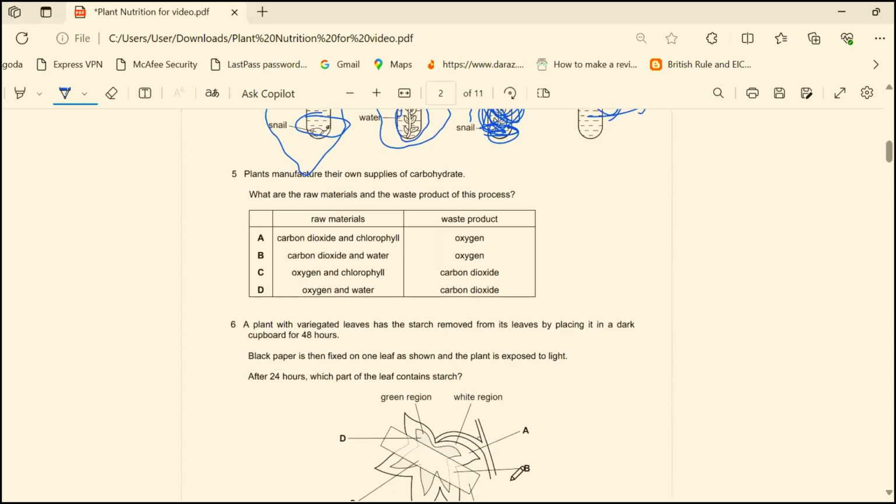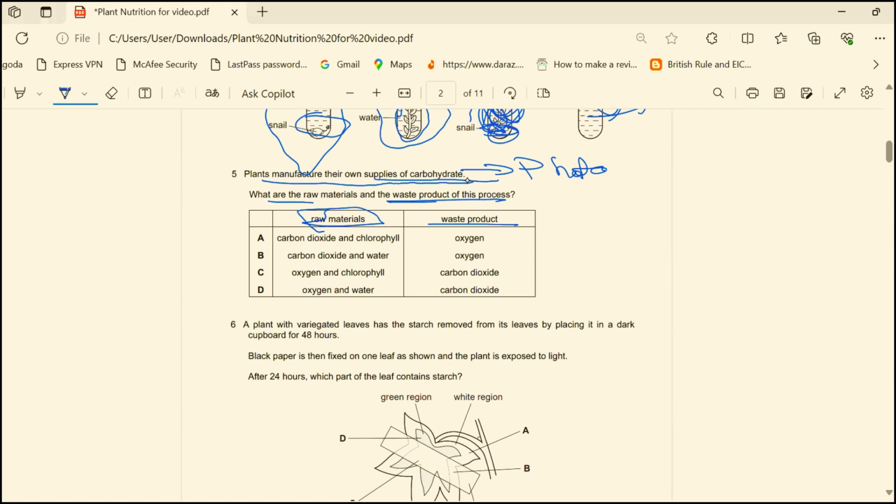Okay, so let's go on question number five. In this, the question is plants manufacture their own supply of carbohydrate. What are the raw materials and the waste product of this process? So basically, plants manufacture their own supply of carbohydrate, right? So it's talking about photosynthesis. So what are the raw materials in photosynthesis and what is the waste product?